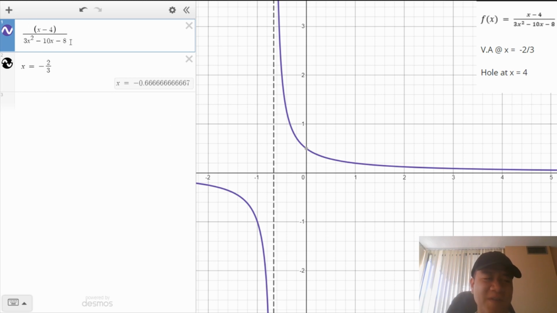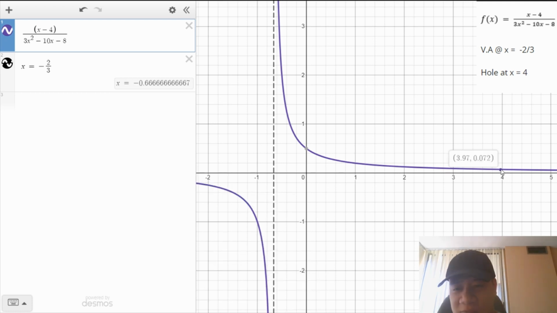And remember, for holes, if we get 0 over 0, we're going to get a hole. Otherwise, if it's 1 divided by 0 or 2 divided by 0, anything else divided by 0, we will get a vertical asymptote there. So that's why we want to find holes first before getting vertical asymptotes, just so that we can be clear about which is which. There'll be no confusion at the very end. So that's it.